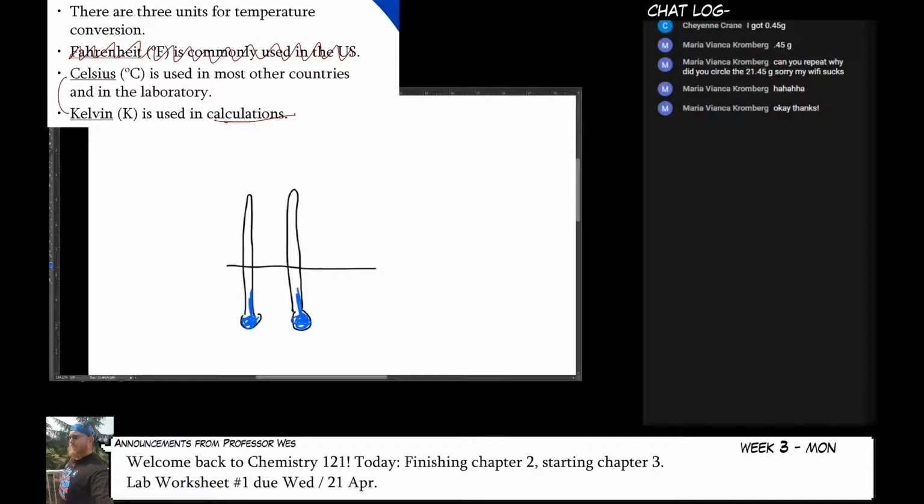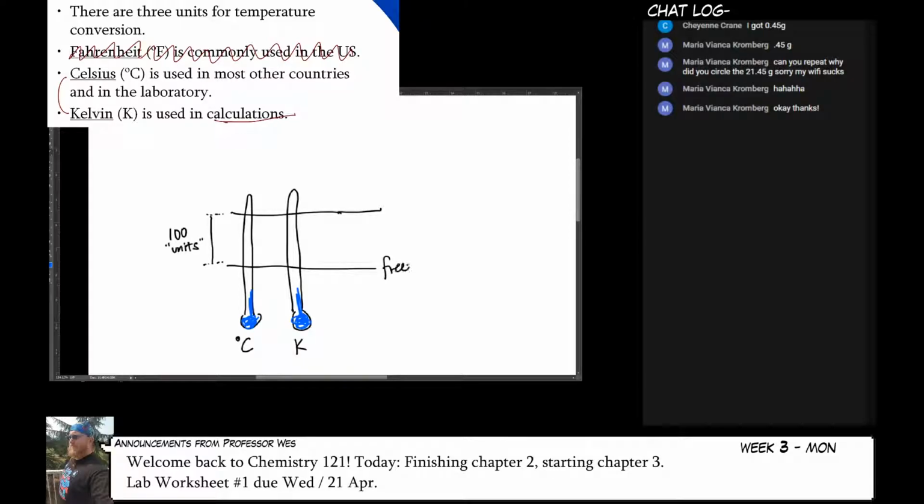We've defined the temperature scale for Kelvin and Celsius to have the same gradations. Oh, I haven't defined what these lines are, so sorry.